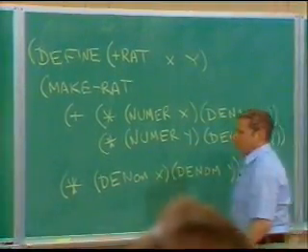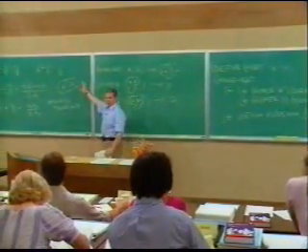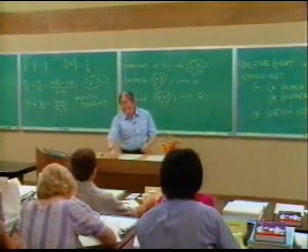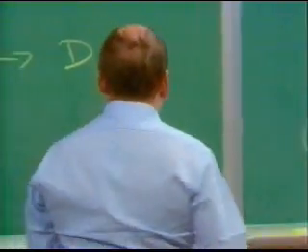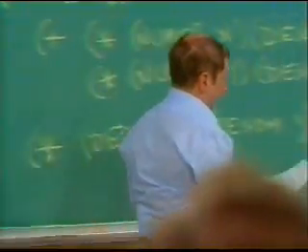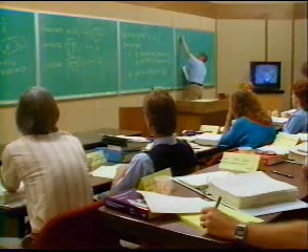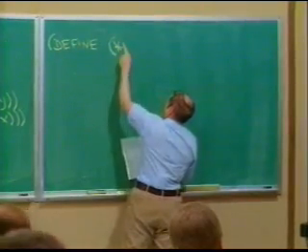Okay, so there's the analog of doing rational number addition, and it's no problem at all, assuming that we have these clouds. And of course, we can do multiplication in the same way. Define how to get the product of 2 rational numbers.